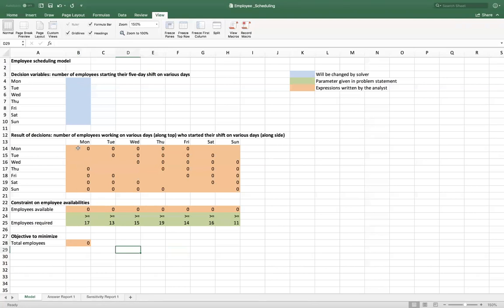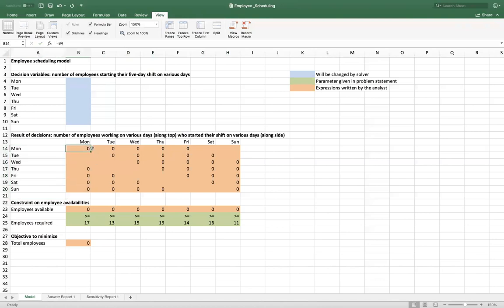I think the complicated part here is this part. As you guys remember, one of the constraints is that whenever someone starts, they will be available for 5 days. So the way that we did that is I define Monday, like here, this tells me how many people are starting, and then this is how many people are going to be available.